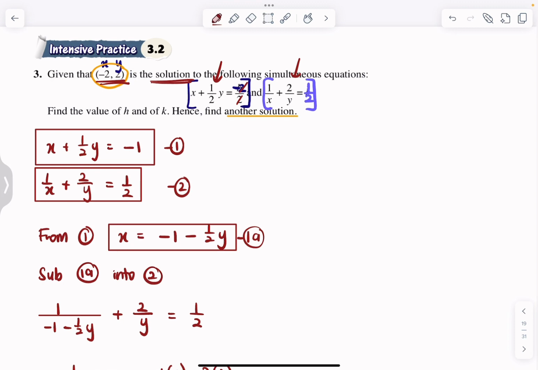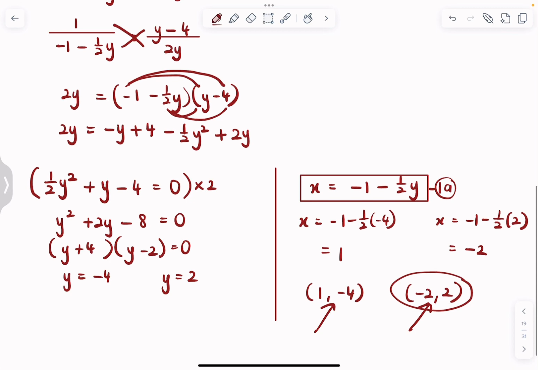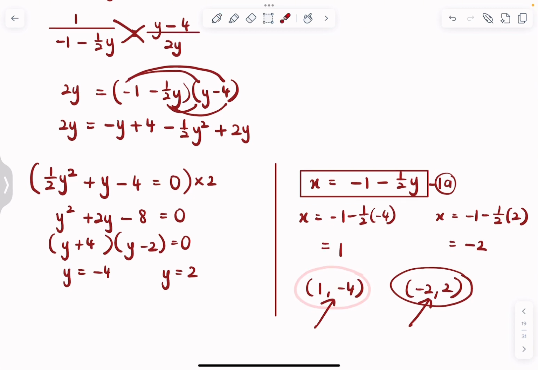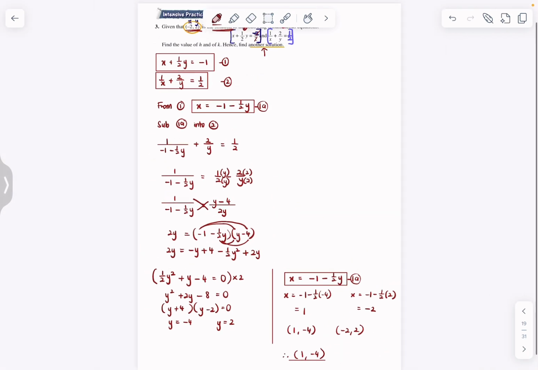So they want us to find another solution. So another solution would be (1, negative 4). This is what they want us to find. That's it. This is the answer.